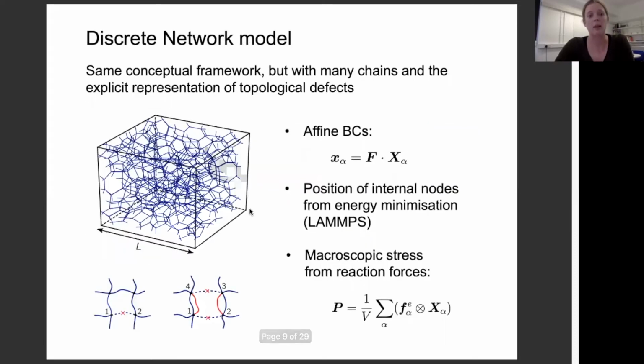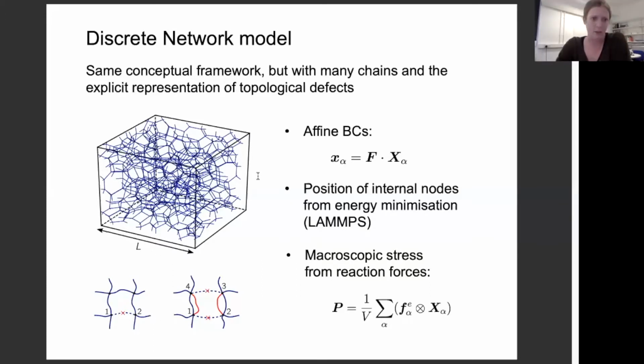The next step is simply to take the same sort of idea, but instead actually represent explicitly a bunch of chains in a box, and deform the box using the macroscopic deformation gradient, calculate how all the chains in the box deform, and get the macroscopic stress-strain response. So this is exactly what we did. We started by generating isotropic random networks. We're starting with fully reacted or perfect networks with a coordination of 4 at each node.